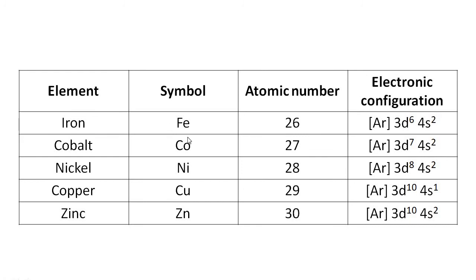Next, in case of iron, symbol Fe, atomic number 26, see the electronic configuration: argon 3d6 4s2. The electron enters the 4s orbital, then goes on filling the 3d orbitals.